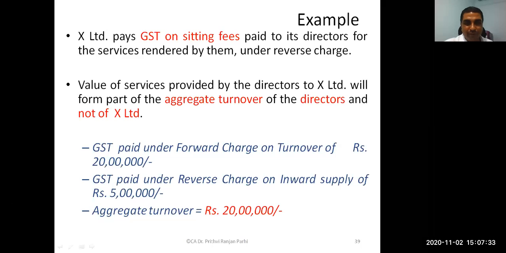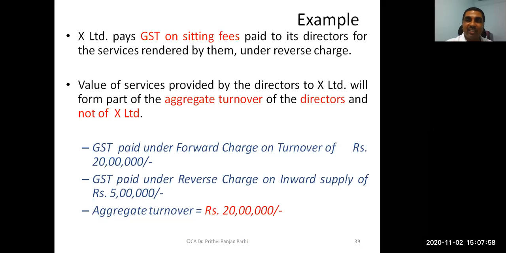Right. So here you have to remember turnover on which GST is paid. That means GST paid on outward supplies will be included. That turnover will be included. But GST paid on inward supply will not be. Inward supplies are also not turnover in fact. Inward supply means purchases.